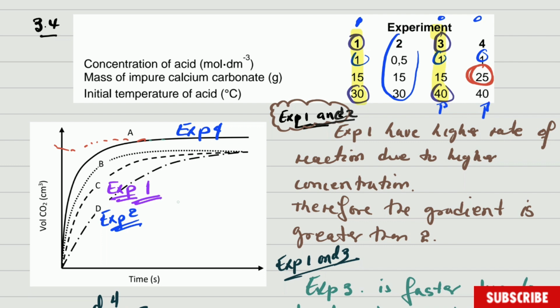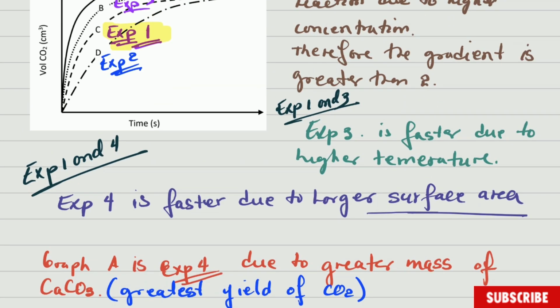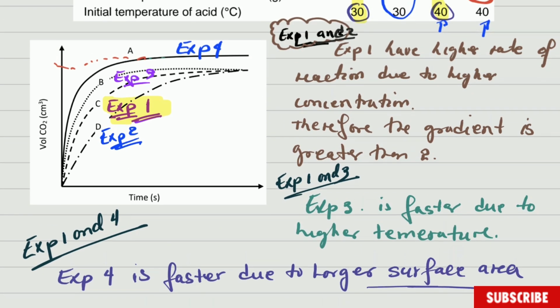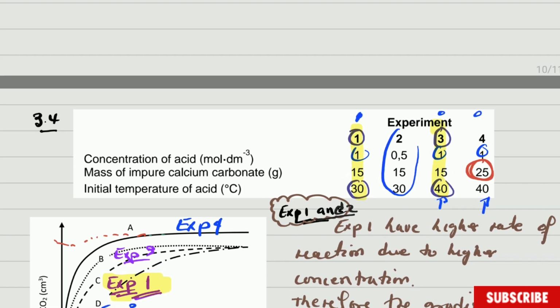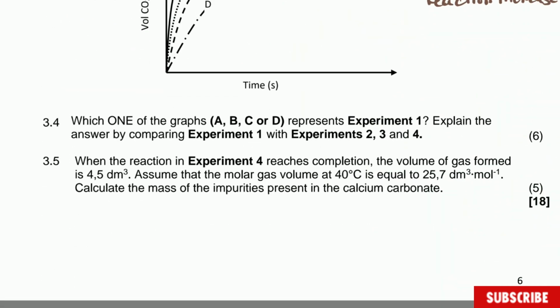That is the answer for the question, and B, obviously, is going to be experiment 3. Right, but the answer for the question is C. That one is experiment 1. You can see all the explanation here. You have to be comparing, and then eventually you will get to the gradients there, guys. So this is the end of this question 3.4. Let's go to question 3.5.